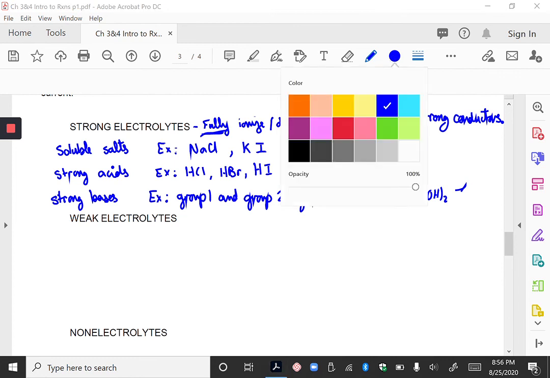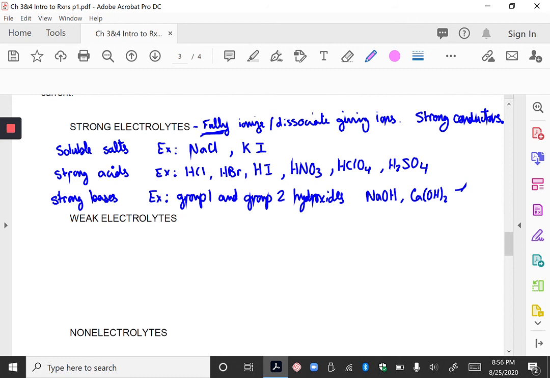Now let's talk about weak electrolytes. So weak electrolytes partially ionize or dissociate, giving ions. So they do give ions in water, but not as much. And so these are somewhat conductive. We'll say poor conductors.